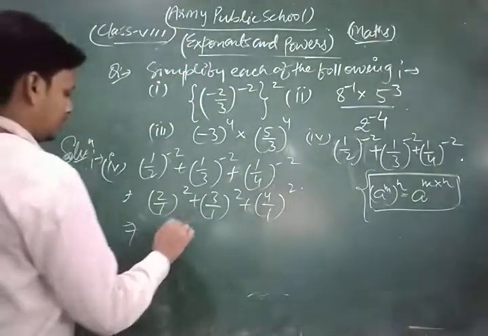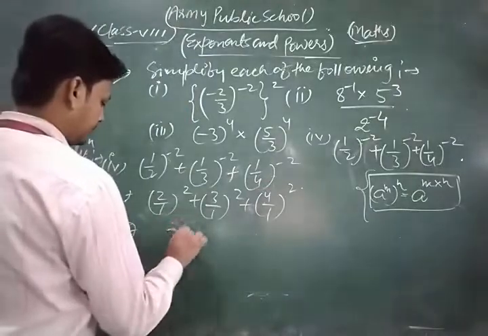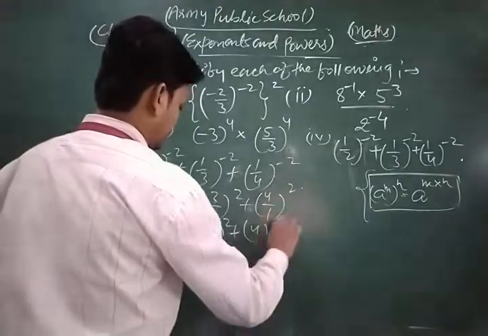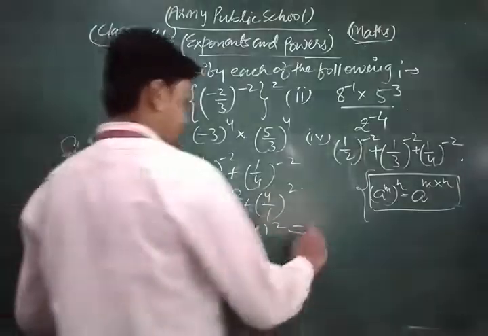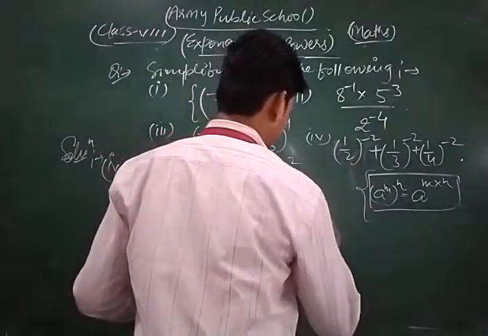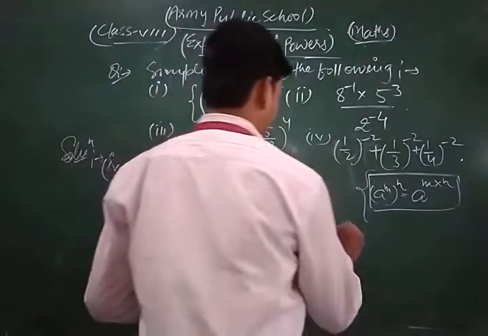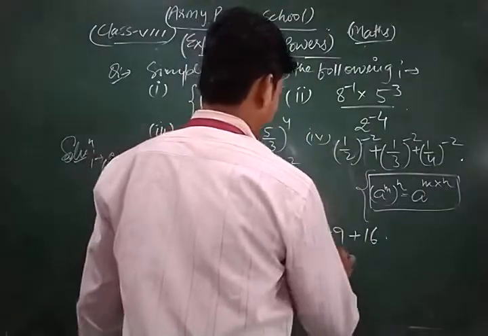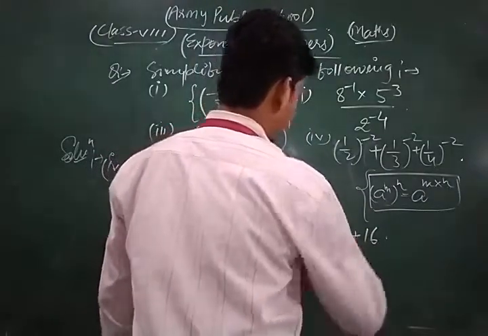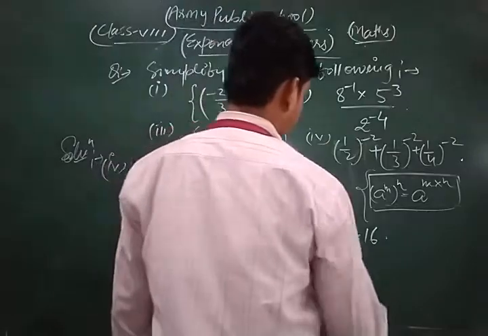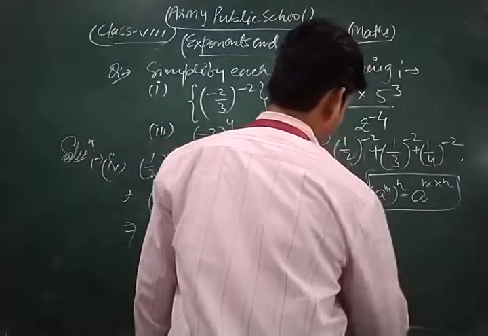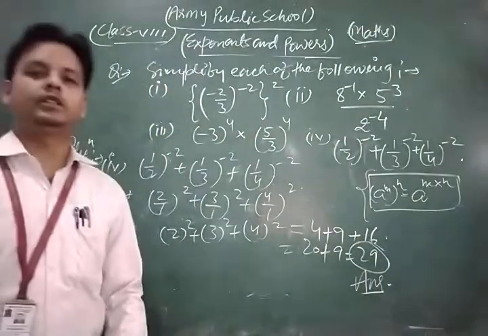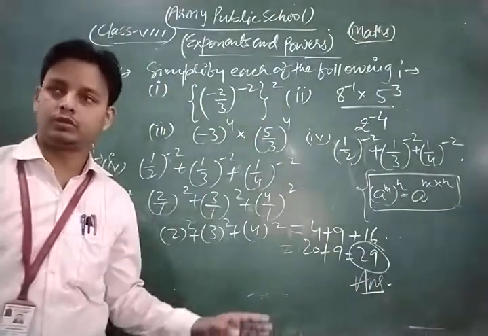So we have 2^2 plus 3^2 plus 4^2. This is 4, 9, and 16. So 4 plus 9 is 13, plus 16 is 29. This is 29.